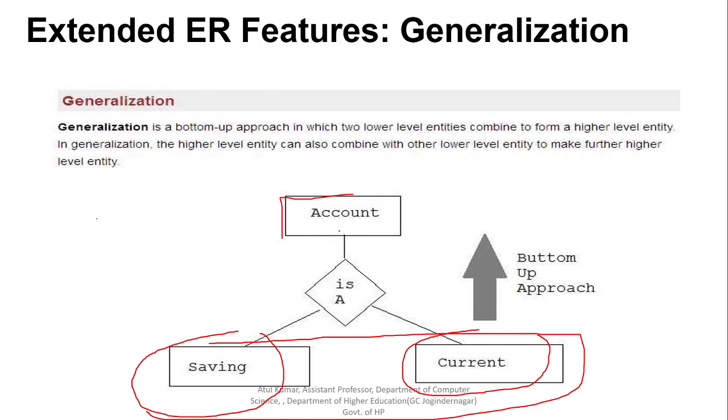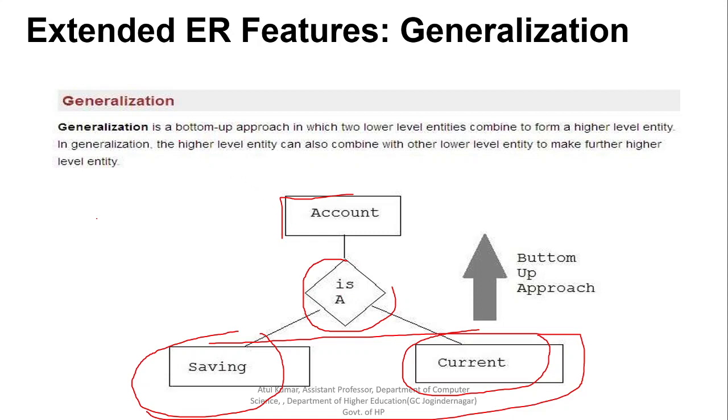This kind of approach is called a bottom up approach, and we represent generalization with the help of a diamond shape, and inside it is written is a.